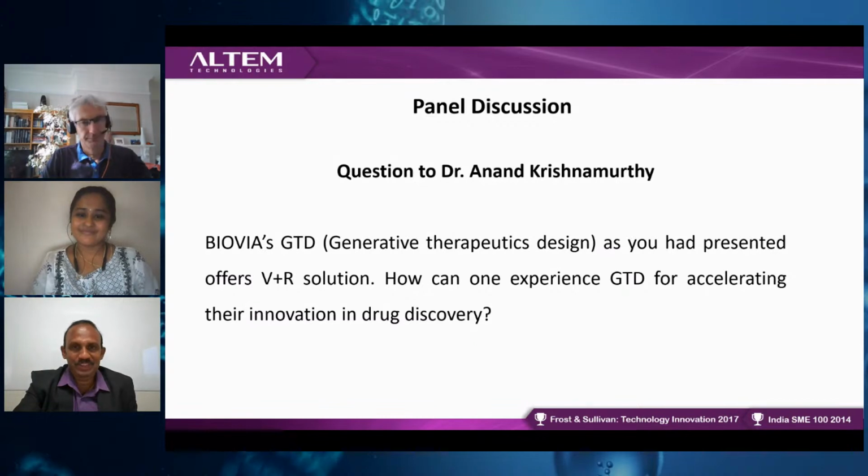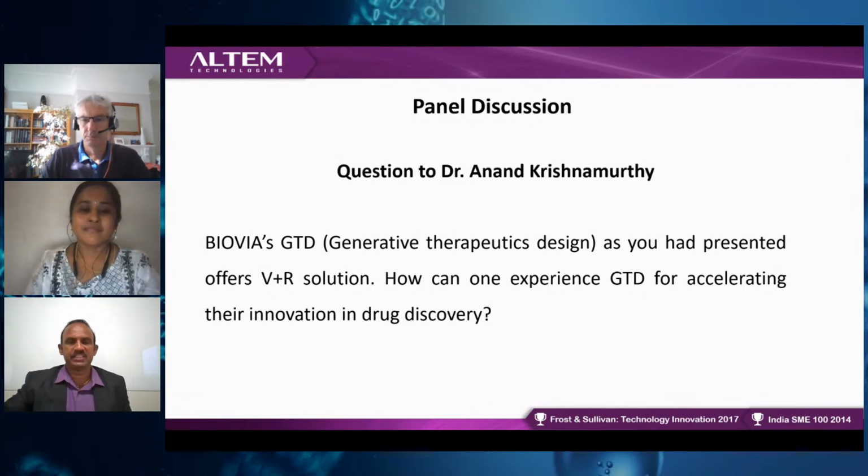Okay, wonderful question. A good observation of the presentation, I would definitely say that. Generative therapeutic design basically combines virtual and real in the innovation life cycle. What I mean by that is a computational chemist will generate multiple compounds that modulate the activity of a protein target associated with a disease condition, and a medicinal chemist synthesizes them.